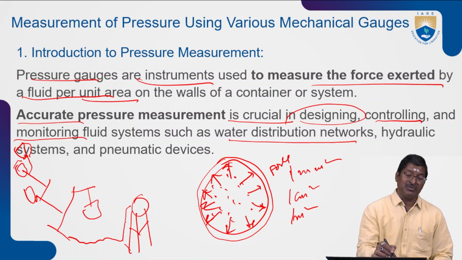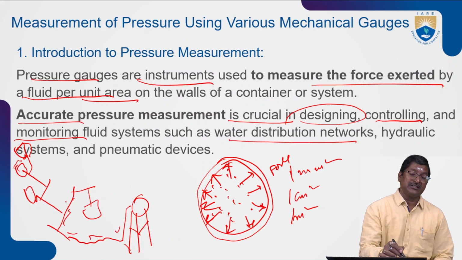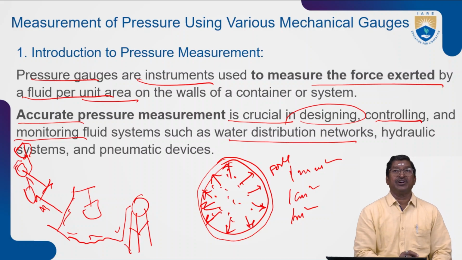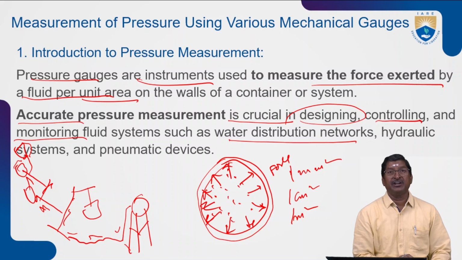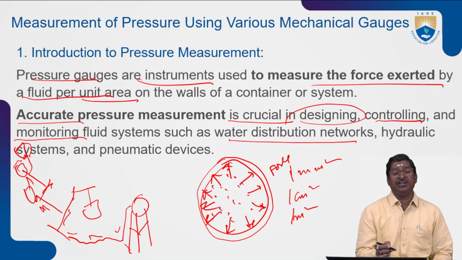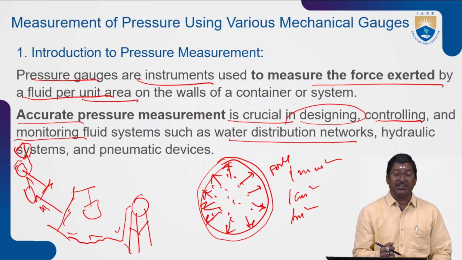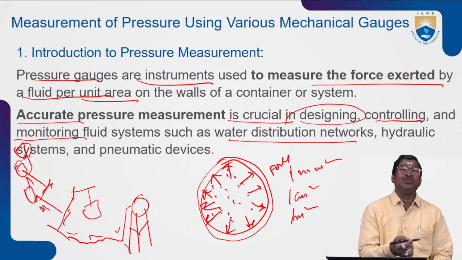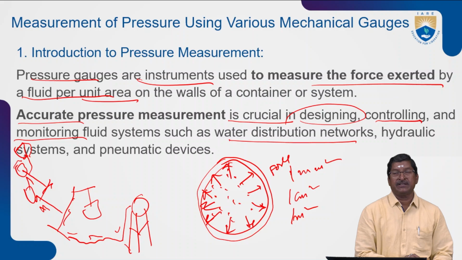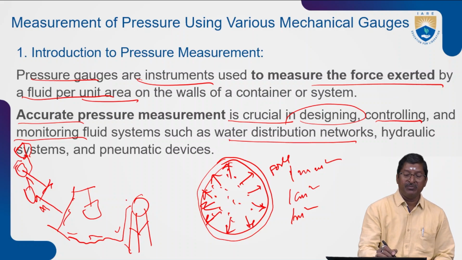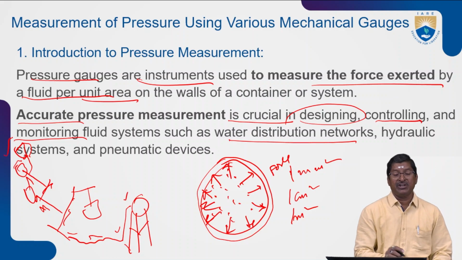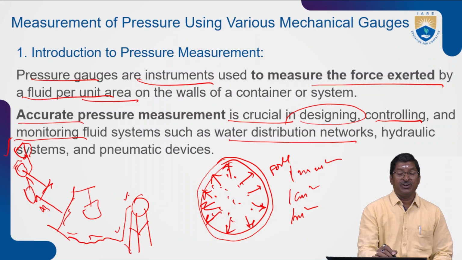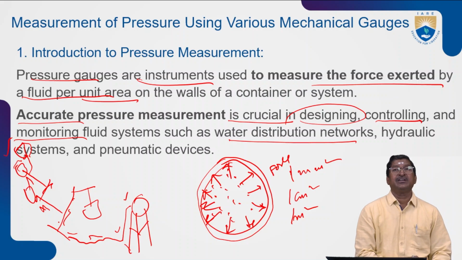As it travels a long distance, all the energy will be lost, and if the energy becomes zero, the last house may not get water. So it is not only for the safety of the pipe material, but also for the availability of water for domestic purposes that pressure measurement is very important. We have to measure the proper pressure so that the last house will get water.